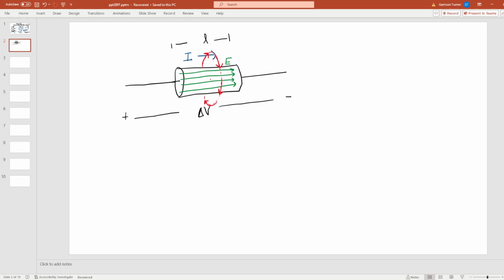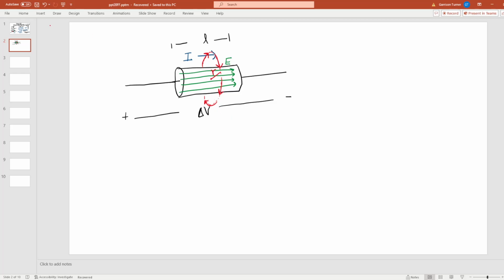And this loop will have a radius r. And here's the question. This is a direct application of the Poynting vector and its interpretation.